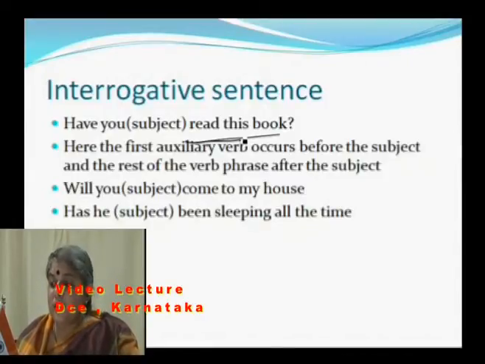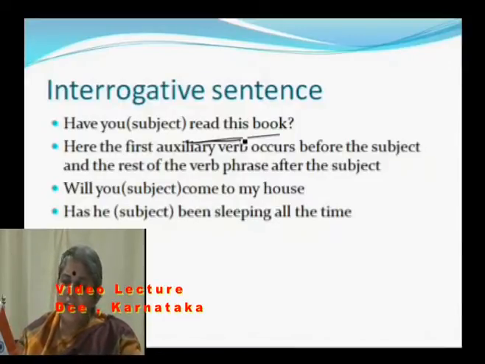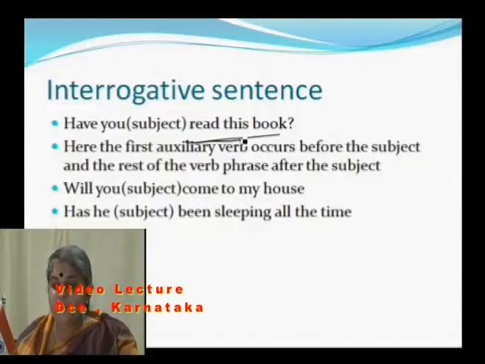Will you come to my house? Will you is what? You is what? Subject. Come to my house. Look at this. If I have to convert it into a statement, it would be you will come to my house. Now I am using it in which form? An interrogative form. It should be followed by a question mark.